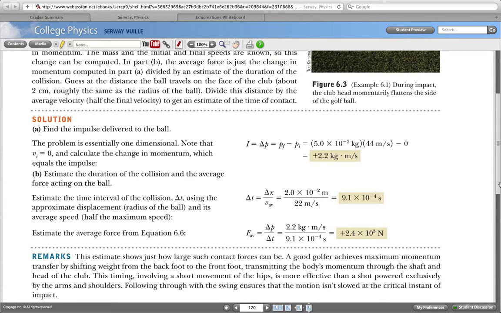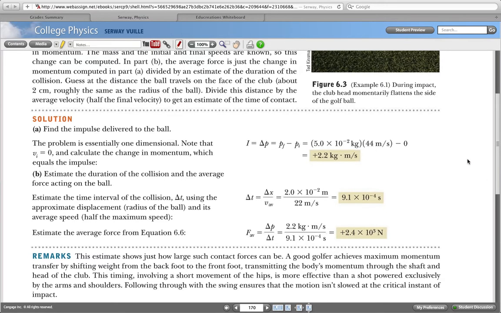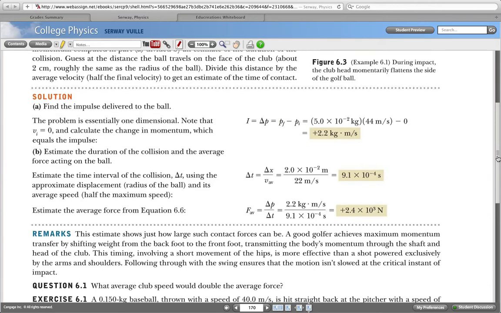Okay, I guess we can do it that way. Okay, so what they're doing here is they're using just the equation for the average velocity, which would be distance over time, and they're solving it for time. So you have delta x over delta t and v all here. And so if you solve that for time, you get delta x over v equals delta t.